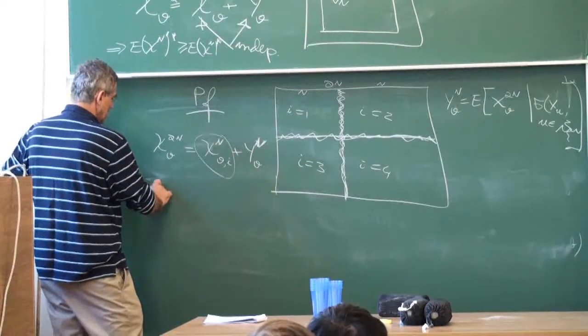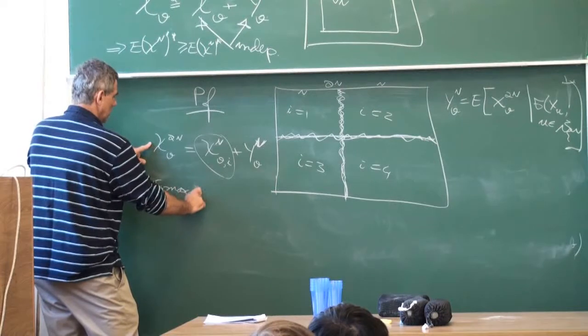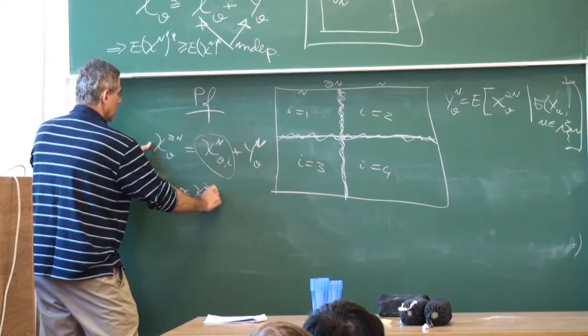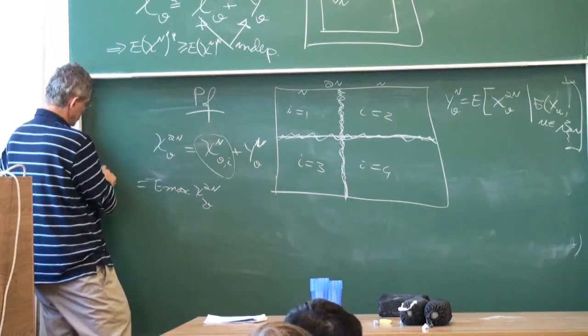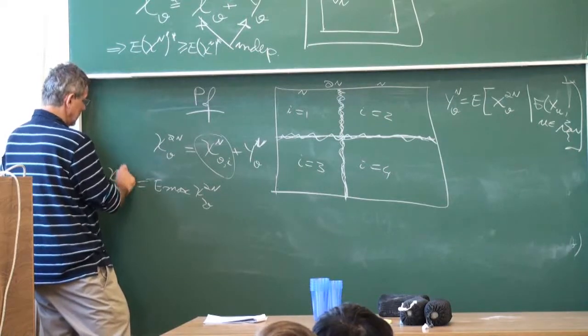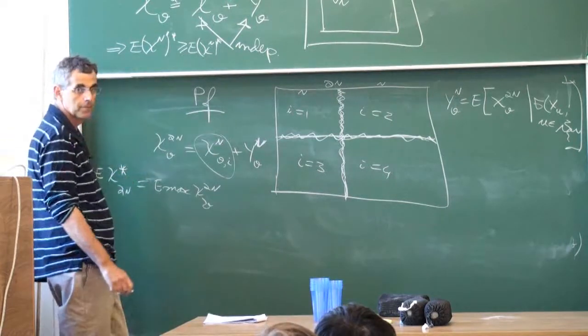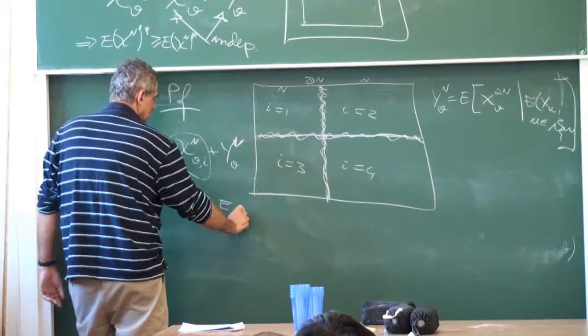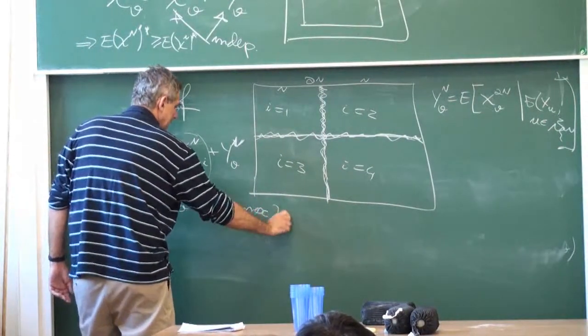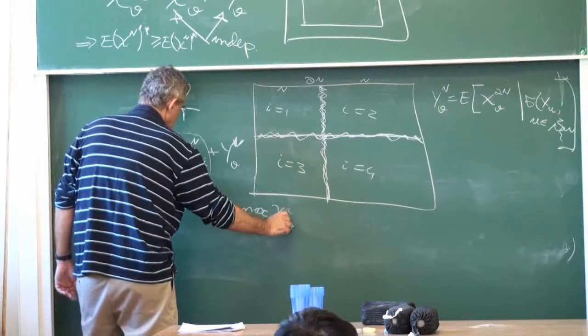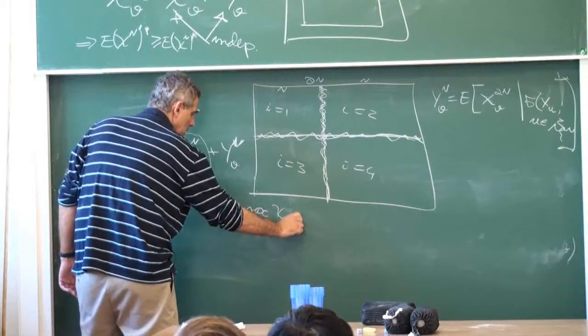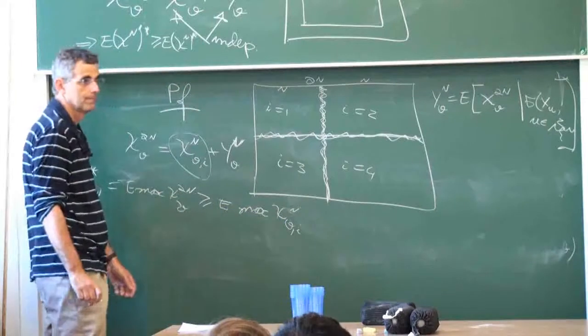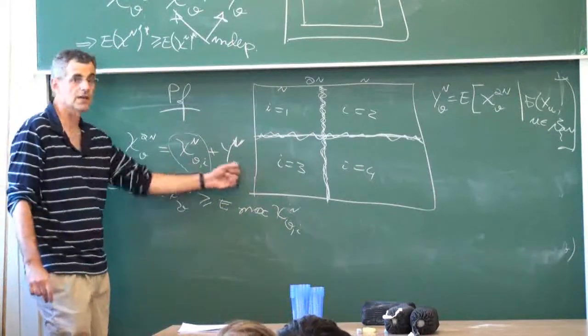Because the expectation of the maximum of X_v^{2n}, which is just the expectation of X_{2n}^*, that's how we defined it. This is first greater than the expectation of the maximum of X_v^{n,i}, because these are independent.